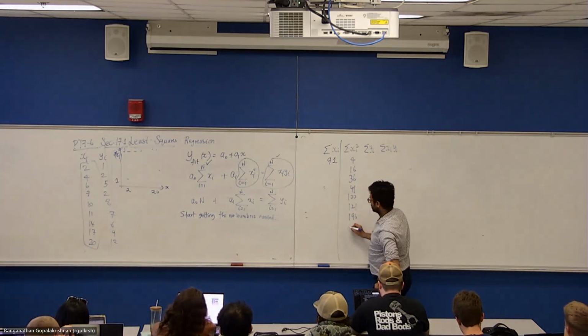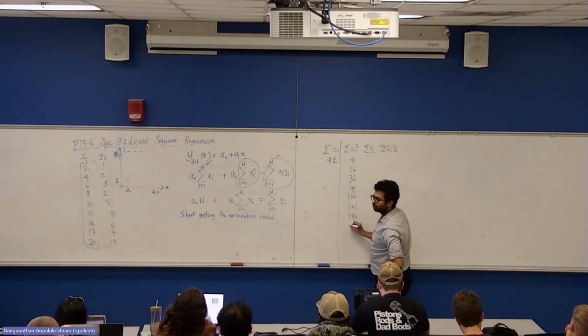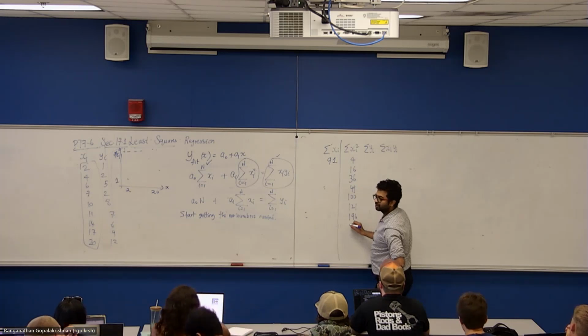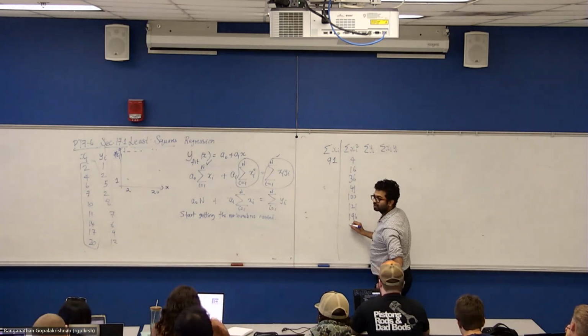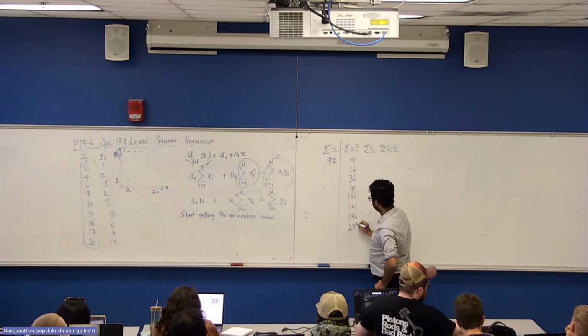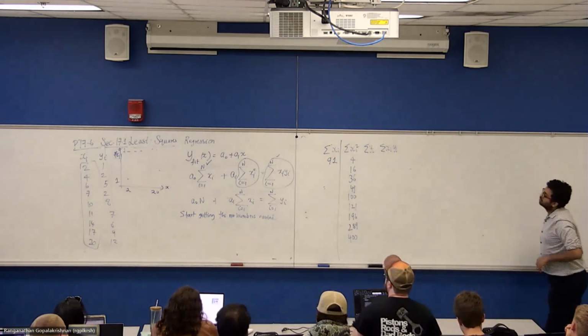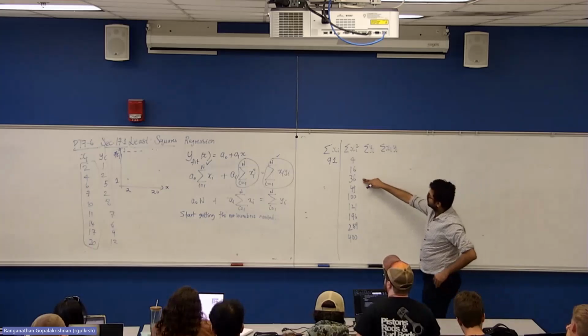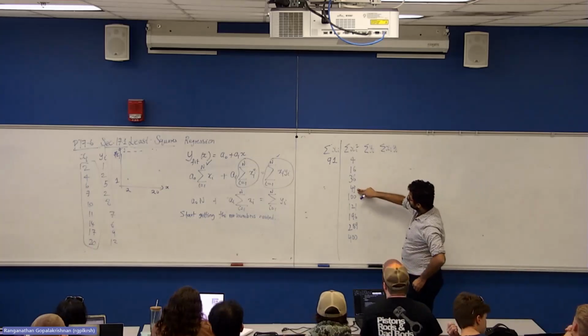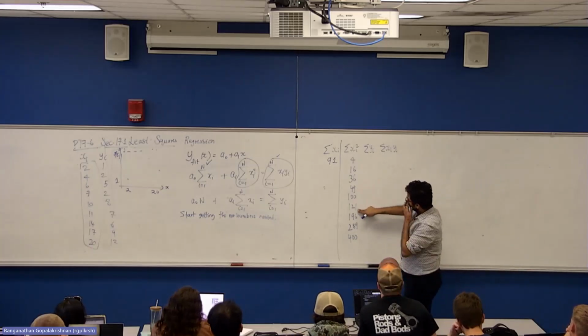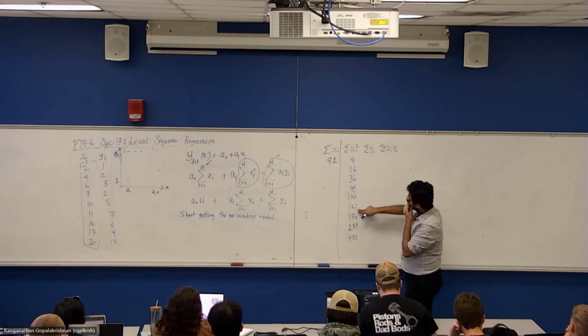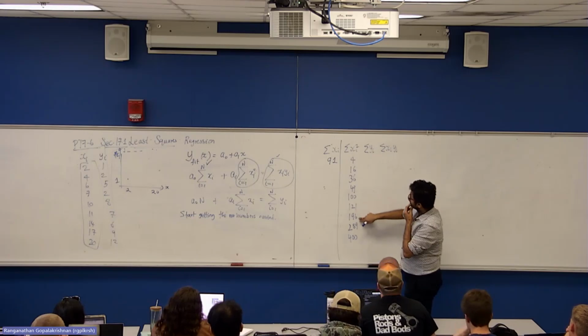How much is 17 squared? 289. Yeah, 289, 400. Can we get the sum, please? 20, 56, 105, 205, and so on, 1211.